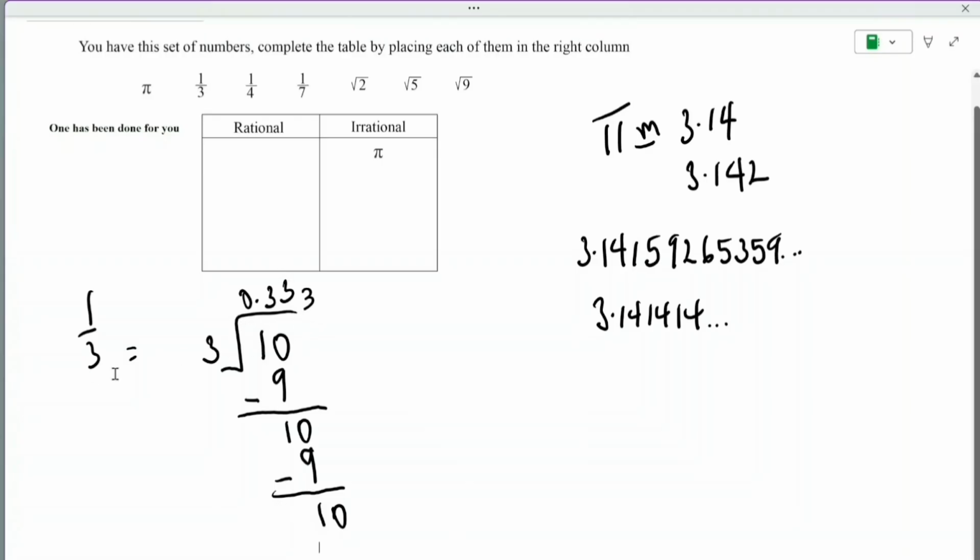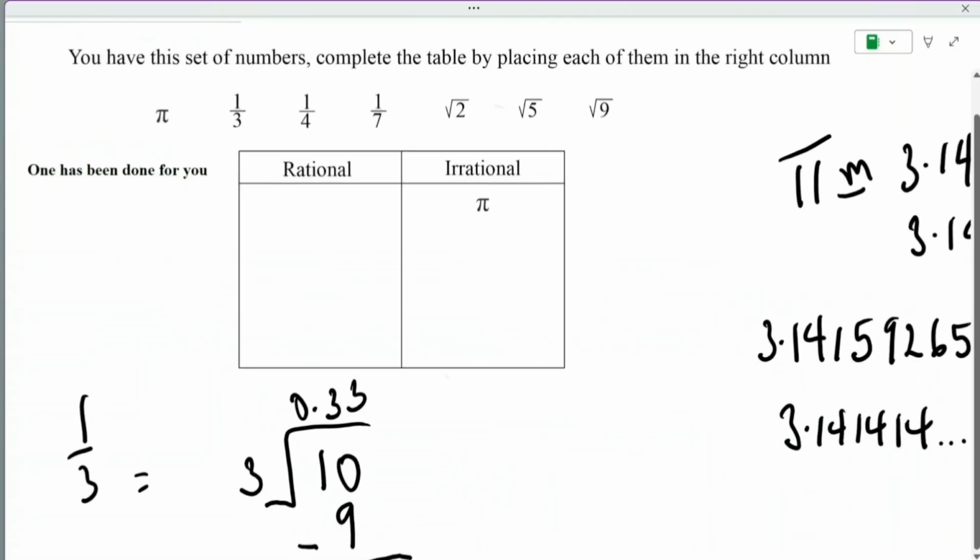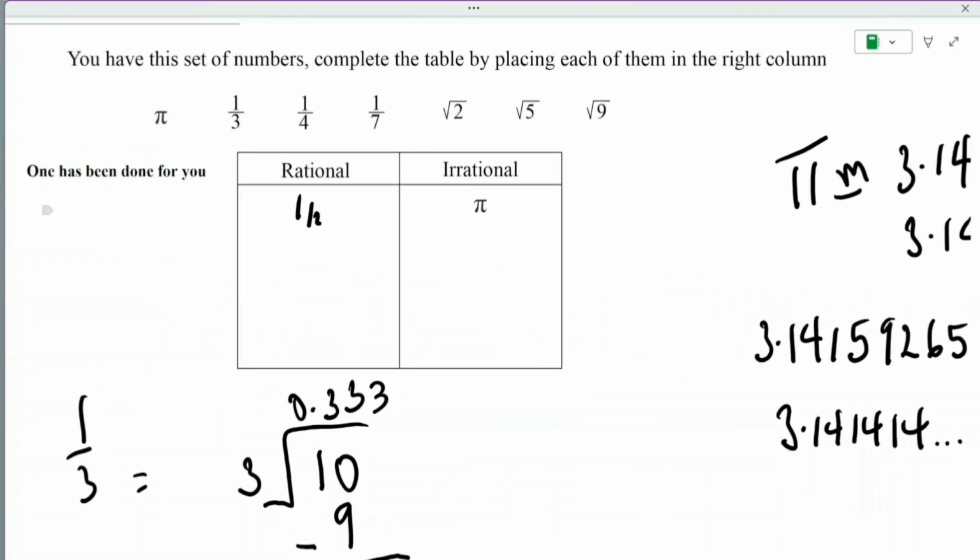That means 1 over 3 is actually 0.3333, non-terminating, that's not ending, but it has a pattern. You can see the 3333 repeated. That means if you have it in this form where it is repeating, it's termed a rational number. So 1 over 3 is a rational number, so you have it here, 1 over 3.